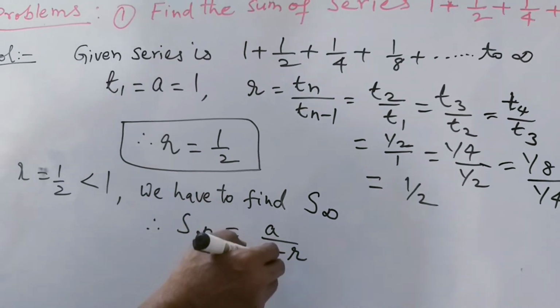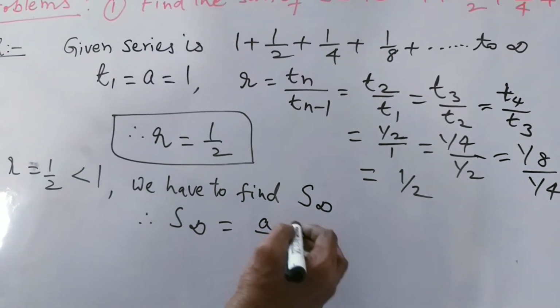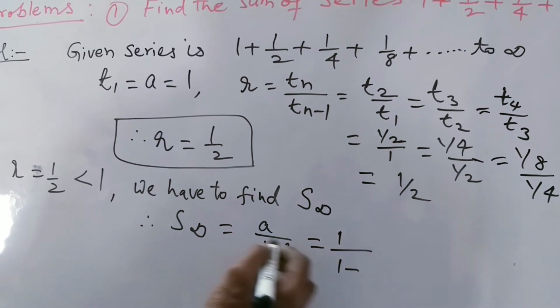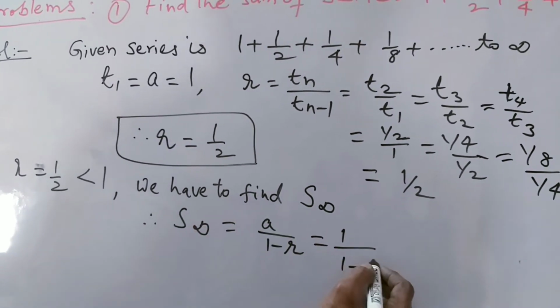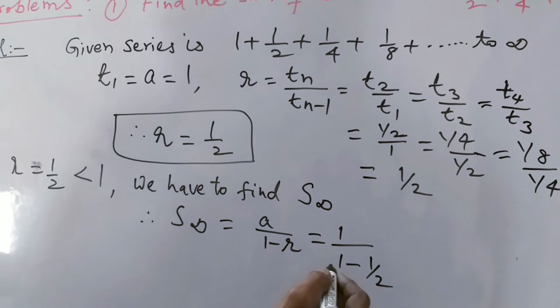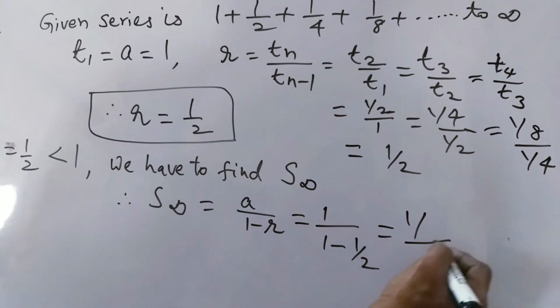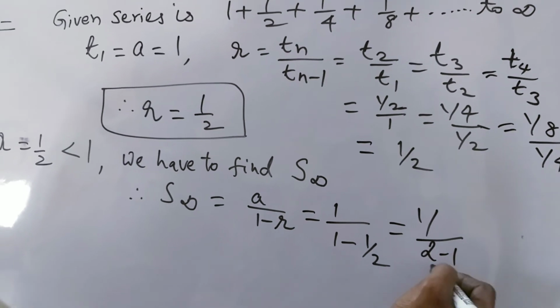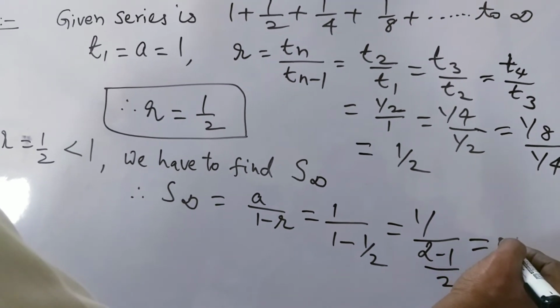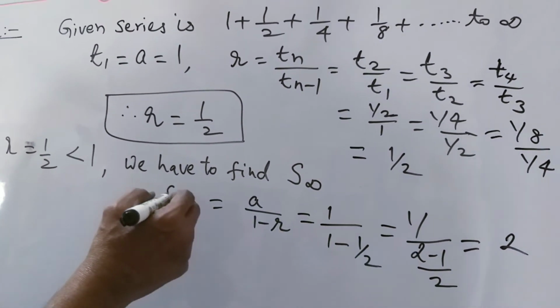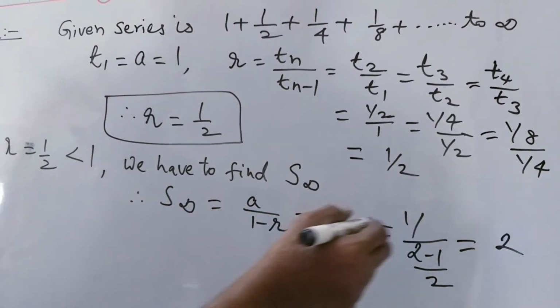In this, the first term is equal to 1, and 1 minus common ratio is 1 minus 1 by 2. On simplification, it becomes 1 by 1 by 2, which is equal to 2. That is, the sum to infinity terms is equal to 2.